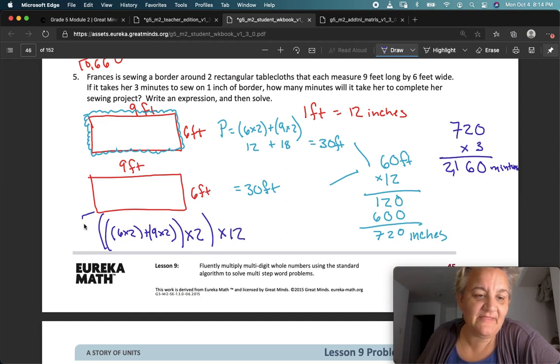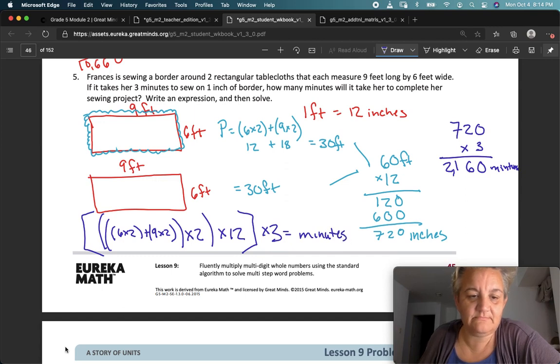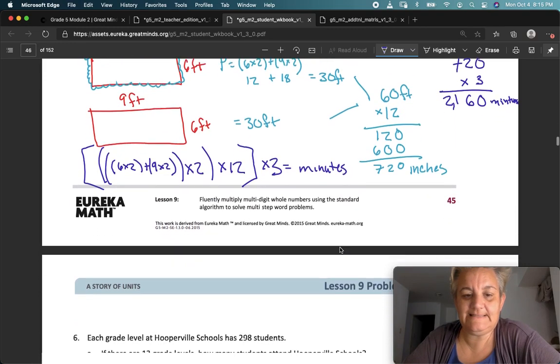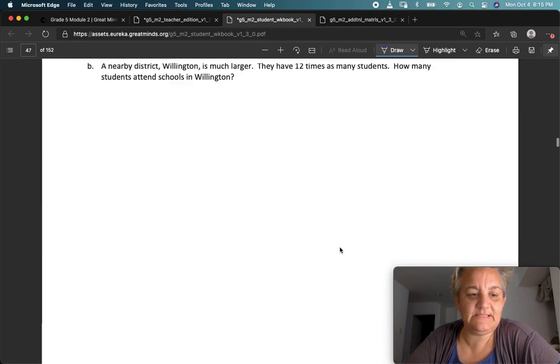And then we multiply that whole thing times 3 to give us how many minutes? Okay, so times 2 gave us how many feet, times 12 gave us how many inches, and times 3 gave us how many minutes. That is a big expression.